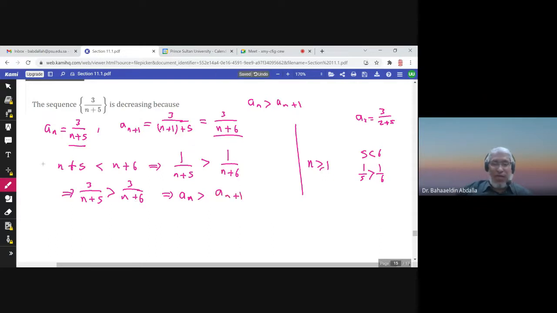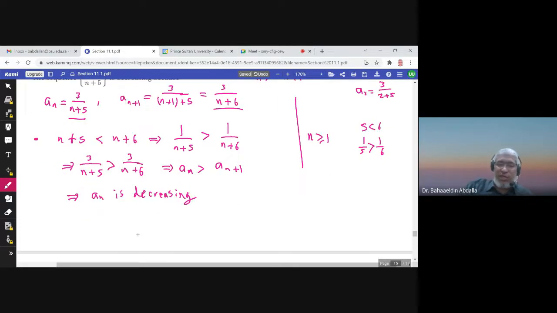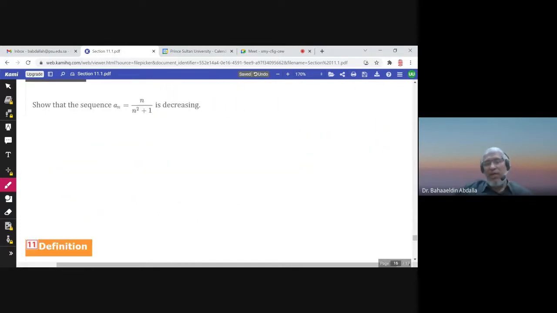So starting from here, this is the proof that an is greater than an plus 1. And this means that the sequence is decreasing. So I have proved here that the sequence is decreasing. Another question.